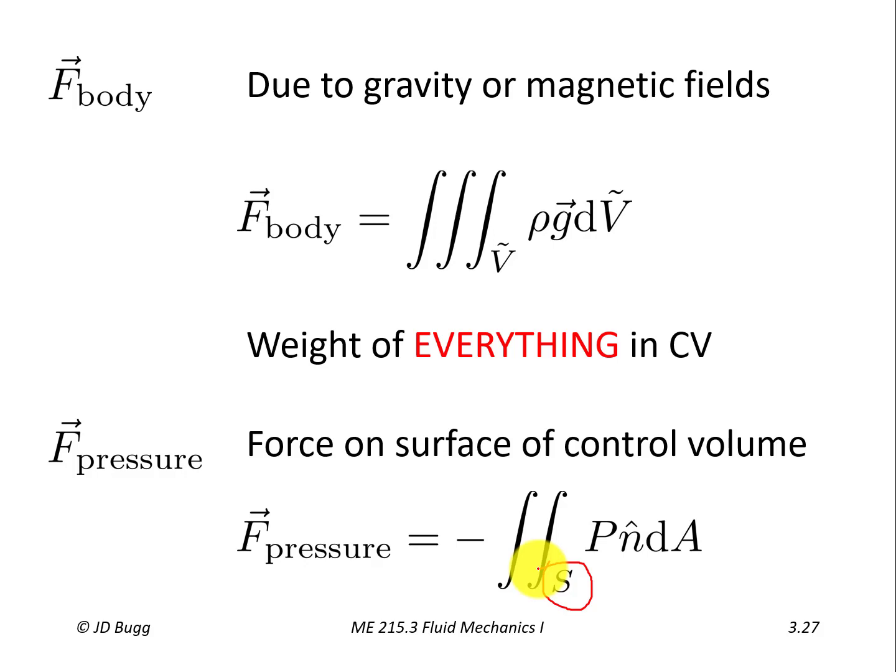It's our control surface. But everything inside of here is exactly the same as when we were doing hydrostatics. So we have pressure, so that's the pressure at different places on the control surface. Our unit normal still defined the same way, perpendicular to the surface, projecting out into the surroundings, and then dA is an element of area on that surface.